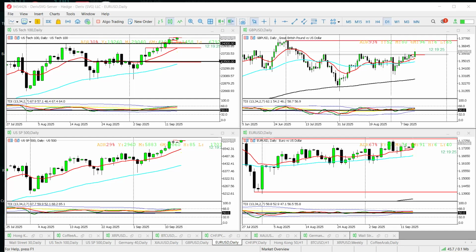We are also going to touch a bit on ICT concepts, whereby we'll mainly be focusing on the previous day's high, previous day's low, previous week's high, previous week's low. We're also going to be putting emphasis on the session highs and lows and liquidity sweeps. Last but not least, we're going to touch on SMT divergence, which is also part of ICT concepts.